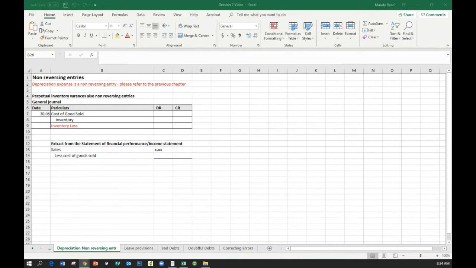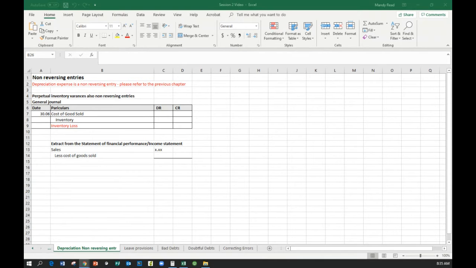The perpetual records show an inventory value of $91,520. So in this instance, the computer records are showing that the stock has a greater value than the stock that's been counted. So obviously we've had instances of theft, etc. in this organization. What you are required to do is prepare a general journal entry to adjust the records to account for the variance.